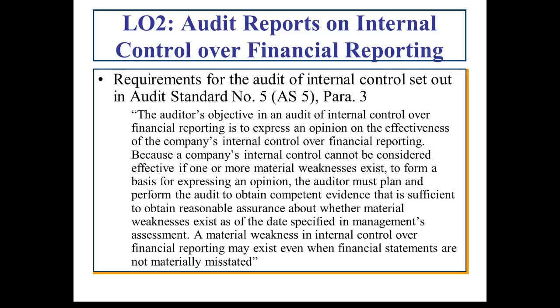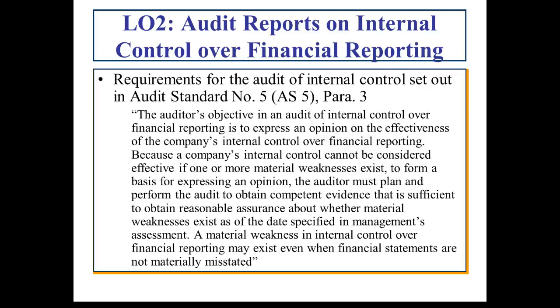Okay, the audit report, we have to express an opinion on the internal controls. The requirement for the audit of internal controls is set out there in, again, Standard 5. The auditor's objective in an audit of internal controls over financial reporting is to express an opinion on the effectiveness of the company's internal control over financial reporting.